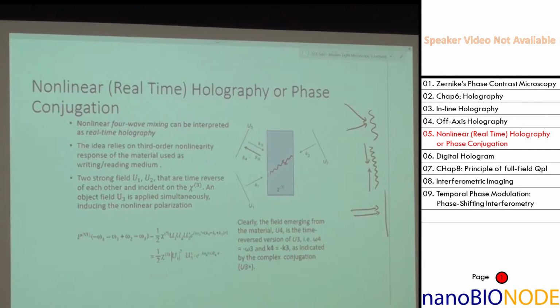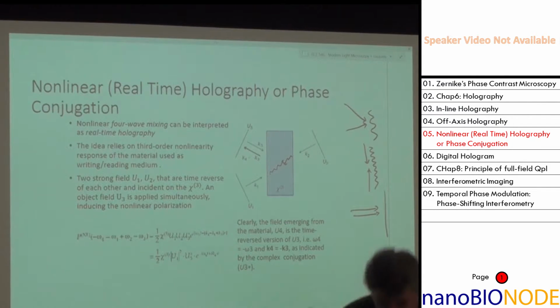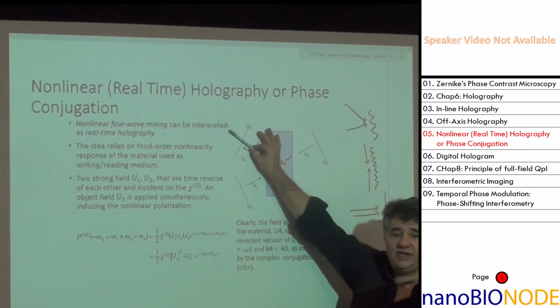So it becomes kind of interesting that you can reverse. So this crystal has the ability to phase conjugate.